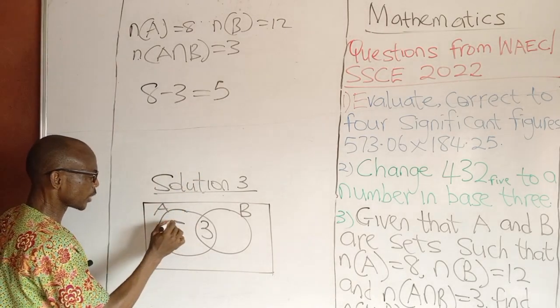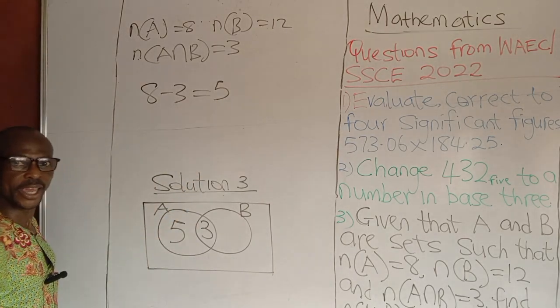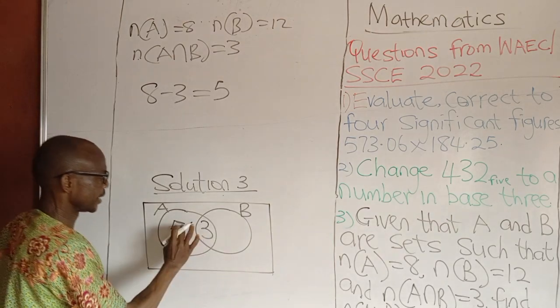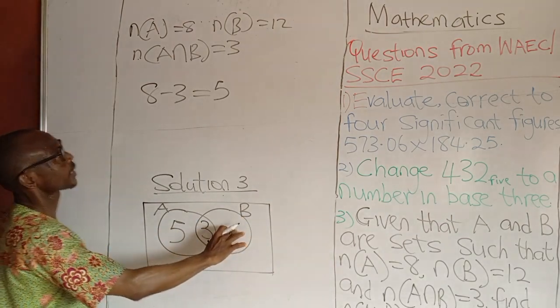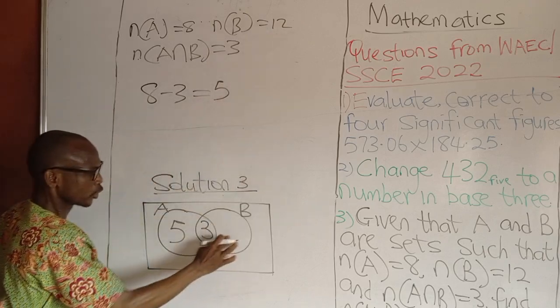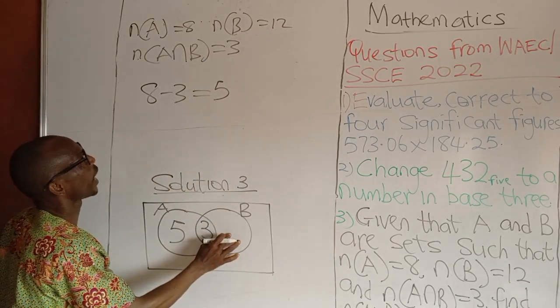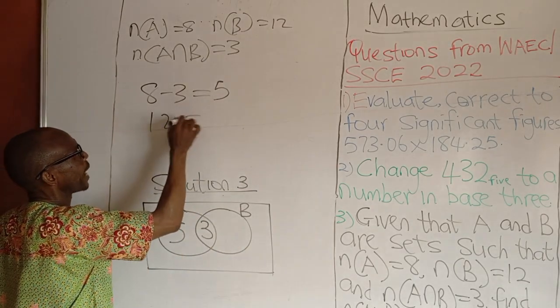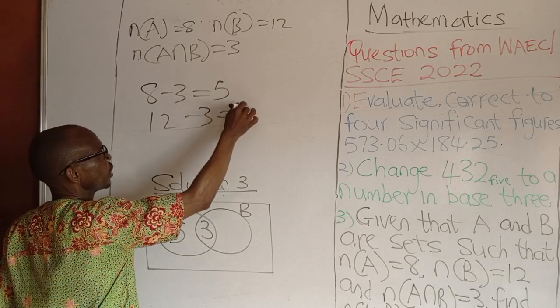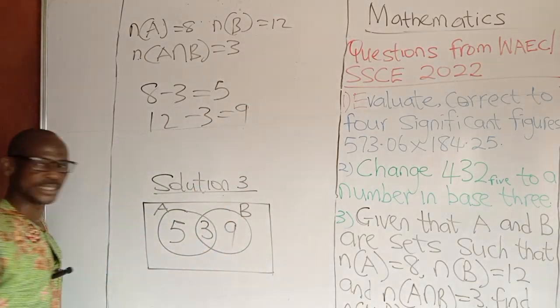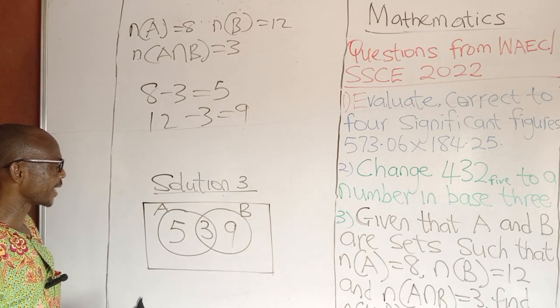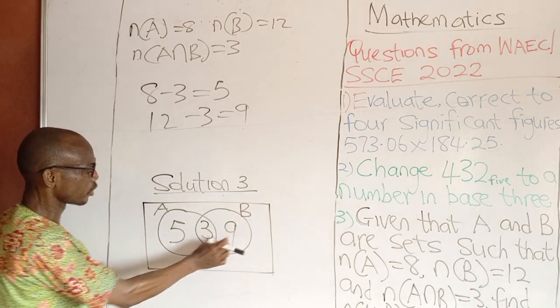This will give us the value that will be in A alone, only A. And our B, we have 12. So we are going to subtract 3 from 12. We have 12 minus 3, that will give us 9. So what becomes the union?